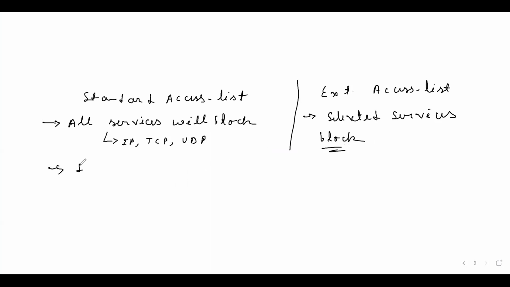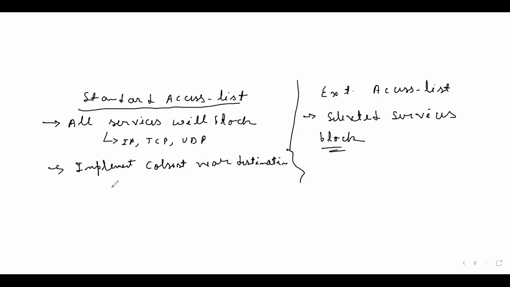You will implement this access list near to your destination. Implement closest to your destination. You mean extended? No, standard. Always remember you have to use the standard ACL near to your destination.